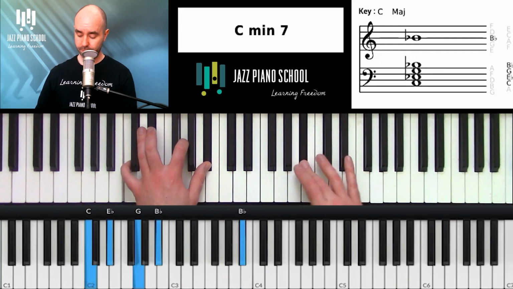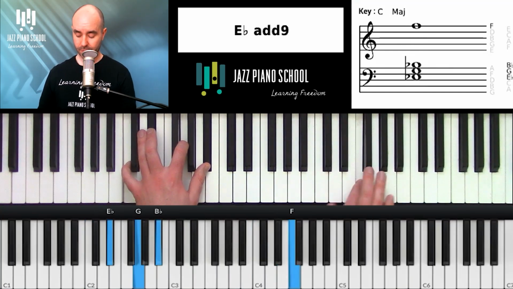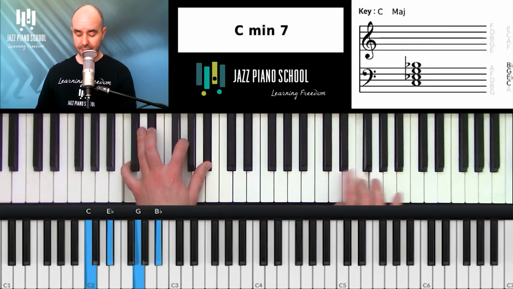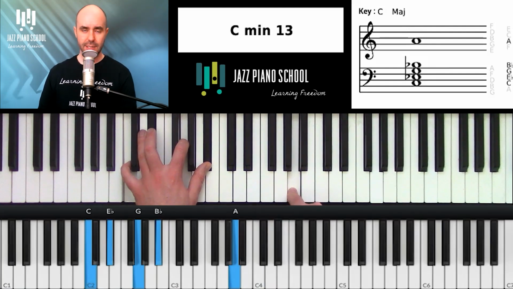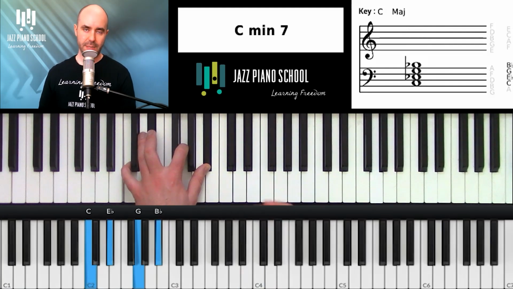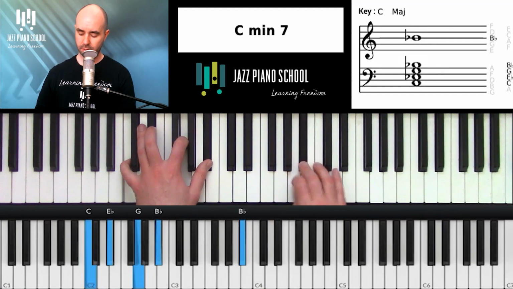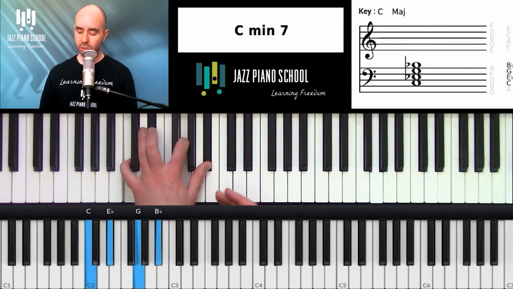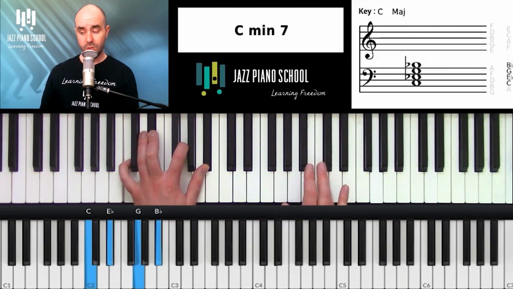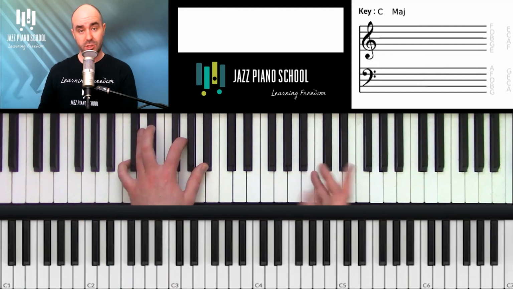Moving up, right? So if you think about this note here, it's kind of like it's the third of the F7 bebop scale. So if you start here, all you need to do is run up the bebop scale and you'll be utilizing the half step below. You can also use the chord scale above, which is going to be just the root.